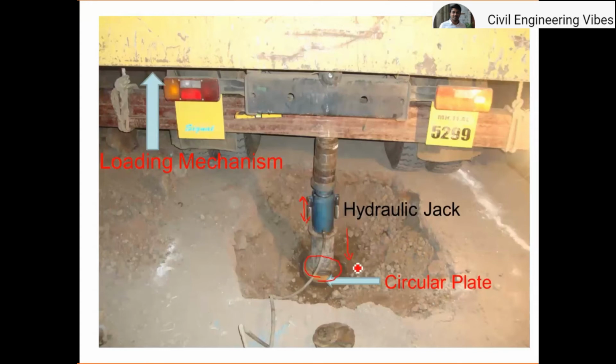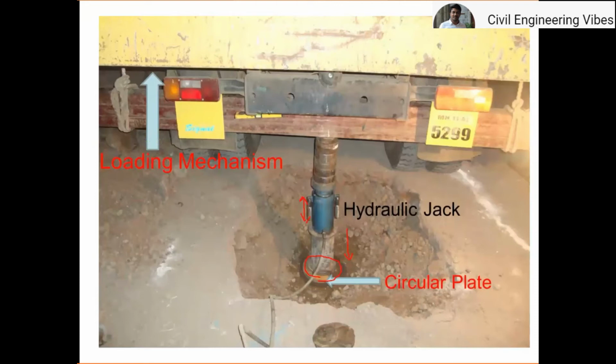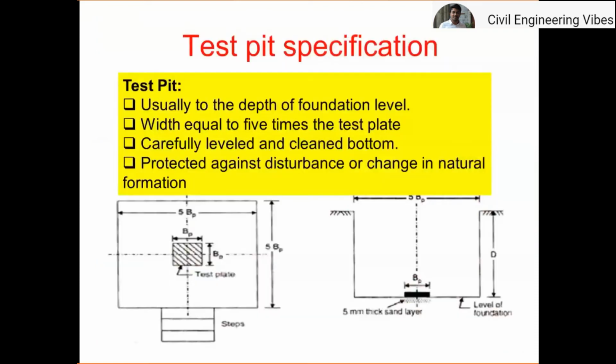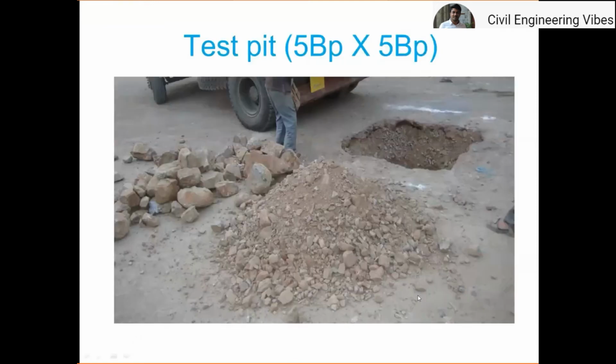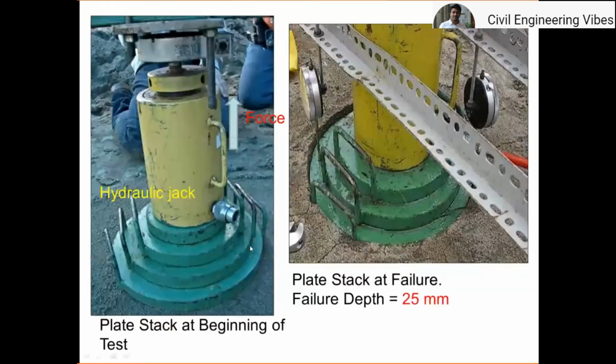Now coming to the conduct of the plate load test. A pit of size 5 BP by 5 BP, where BP is the size of the plate, is excavated to a depth equal to the depth of the foundation, D. A bearing plate, square or circular in shape, is made to rest at the center on the foundation depth surface, and the loading is applied by means of a hydraulic jack.